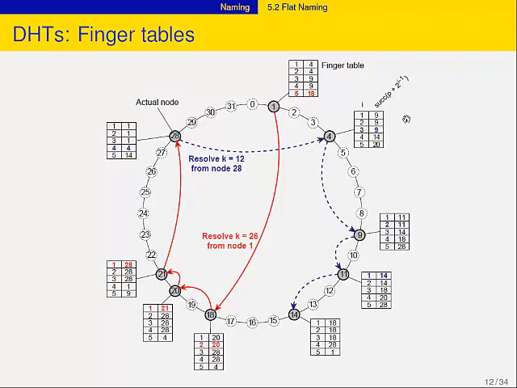Who's responsible for 12? That's 14. So the general rule is this node is responsible for all these keys. This node is responsible for all these keys, etc.